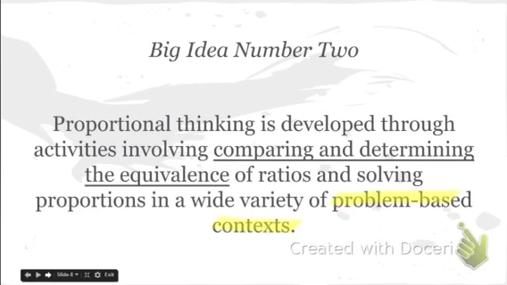We can just continue to write down, 3 to 4 is equal to 6 to what? We continue to do that over and over again, but we may not really learn very much. But if we compare and determine equivalence of ratios in a wide variety of problem-based contexts, that is more effective. So let's go ahead and do some of that.